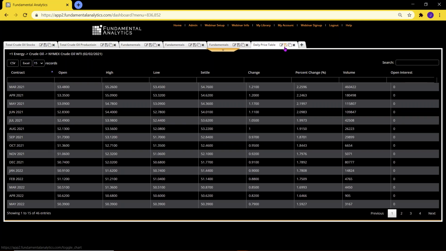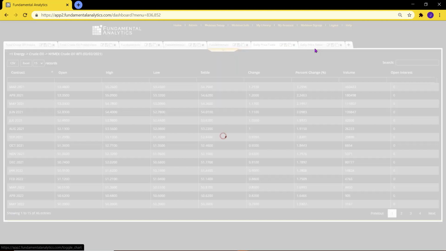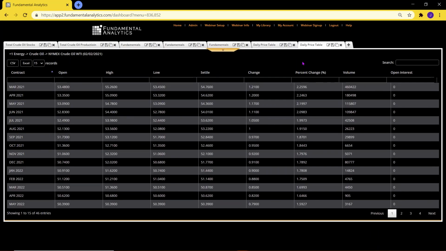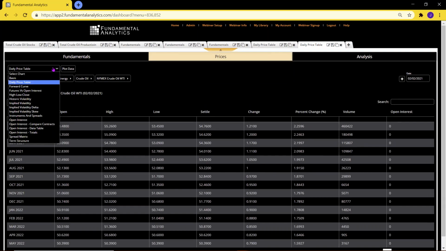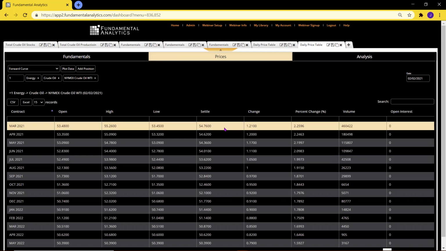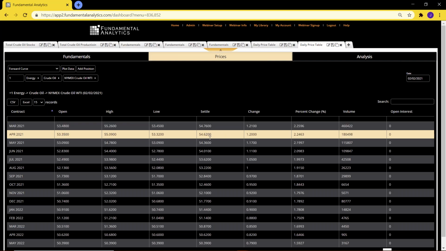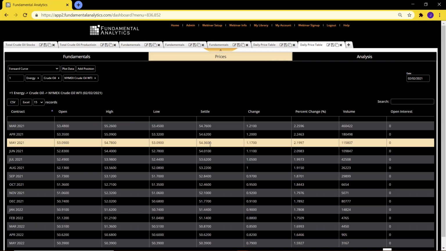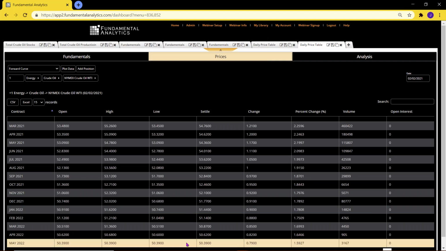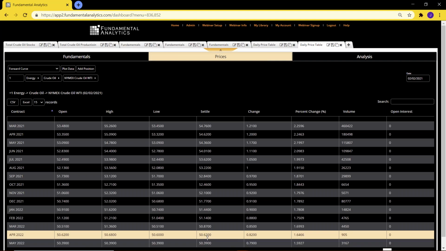And I'll duplicate this and switch over. One of the things I like to look at to understand the market is the forward curve. So we remember the March contract at 54.76 was kind of the highest value. It decreased here 14 cents and so on, down to out into May of 2022 is at 50.39 are the prices.